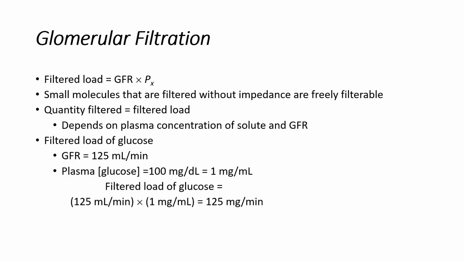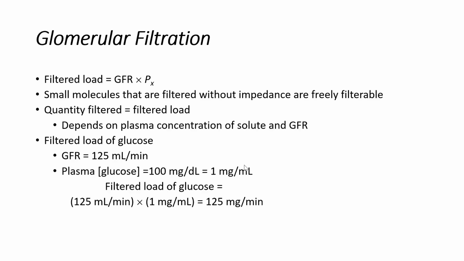So if we were to look at an example, calculating the filtered load for glucose, we simply multiply the GFR, which is 125, by the plasma concentration of glucose. And in a normal healthy adult, our glucose plasma concentration is about 100 milligrams per deciliter. And if we convert that to the accurate unit, so not deciliters here, but milliliters, so divide by 100, we get 1 milligram per milliliter.